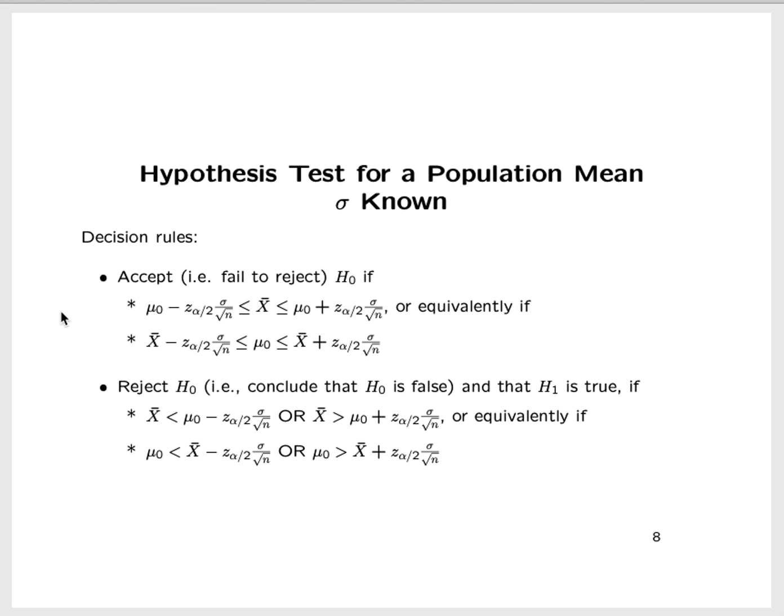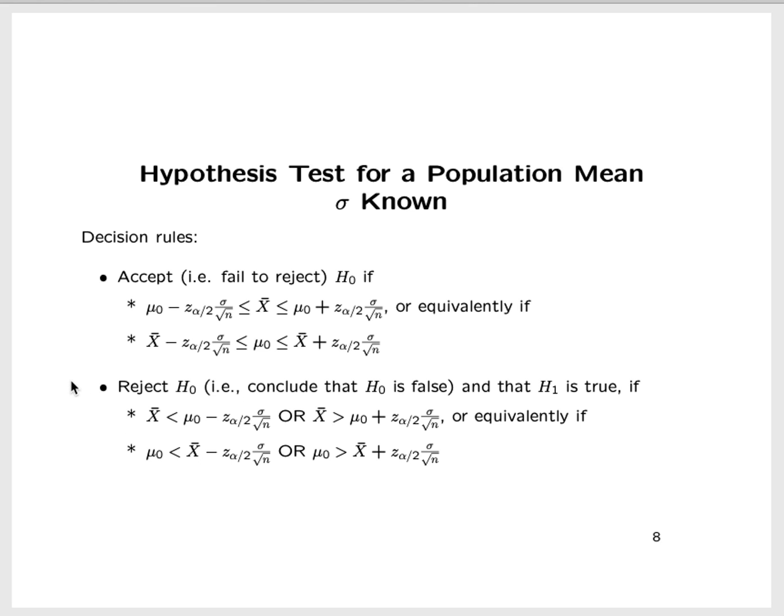We could say that we are going to accept, or in other words, fail to reject the null hypothesis if x bar takes on a value between this lower endpoint and this upper endpoint, which is equivalent, by the way, to saying that we are going to accept the null hypothesis if the hypothesized value mu naught is between these two endpoints: x bar minus z sub alpha over 2 times the standard error of x bar, and x bar plus z sub alpha over 2 times the standard error of x bar.